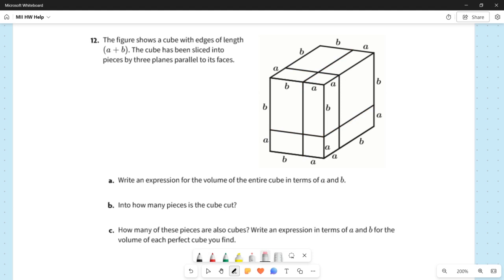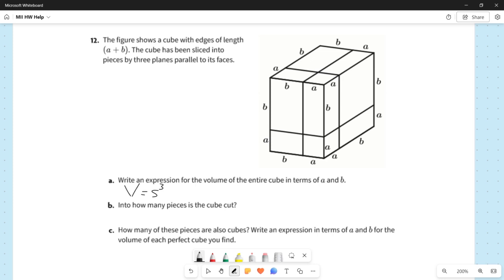Part A, write an expression for the volume of the entire cube in terms of A and B. Well, the volume of a cube is my side length cubed. You could take any side length, because a cube has an equal side length for any side.